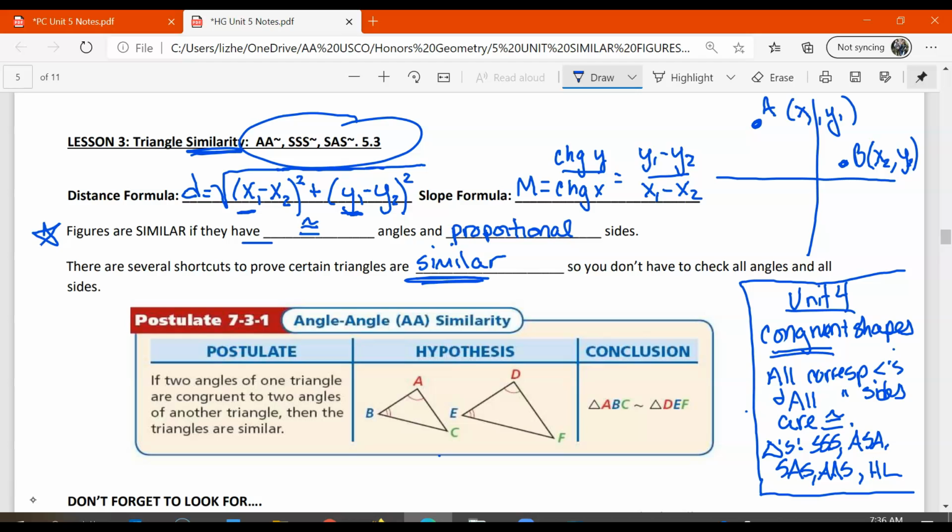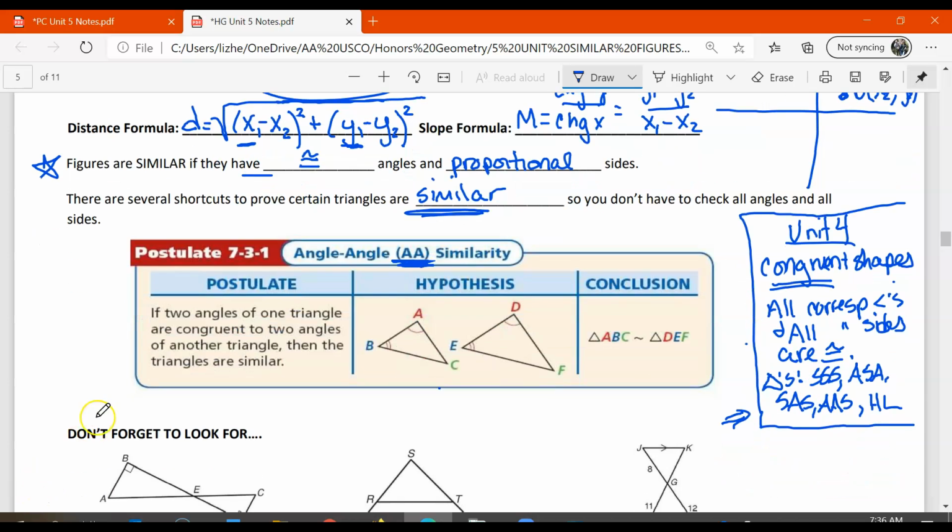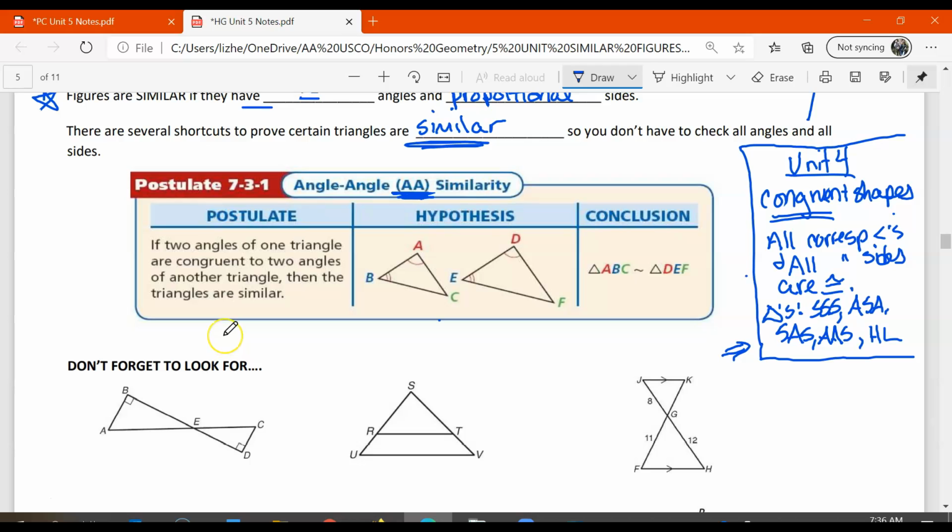Notice when we use these, and you can see that right here up at the top of the notes, we use that little similar symbol to keep it separate. It's not such a big deal for AA because there is no AA over here in congruency. But for SSS and for SAS, you have to add that little similarity symbol because there's a difference between being similar and being congruent.